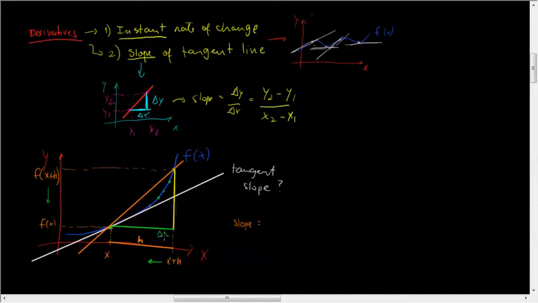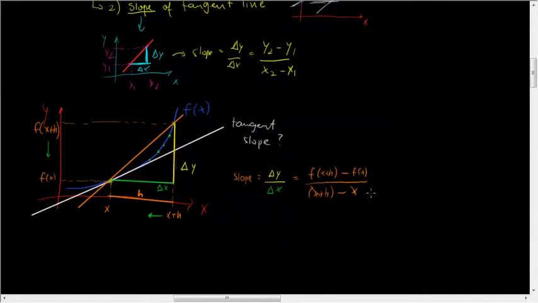So the change in y divided by the change in x. In this case it will be f of x plus h minus f of x divided by x plus h minus x, which is h. It's just h here.